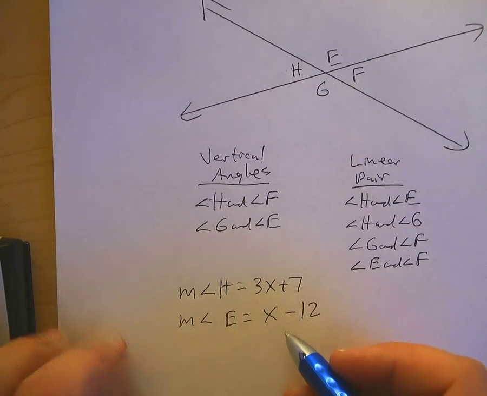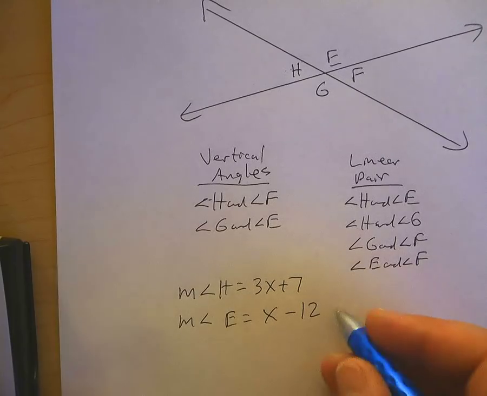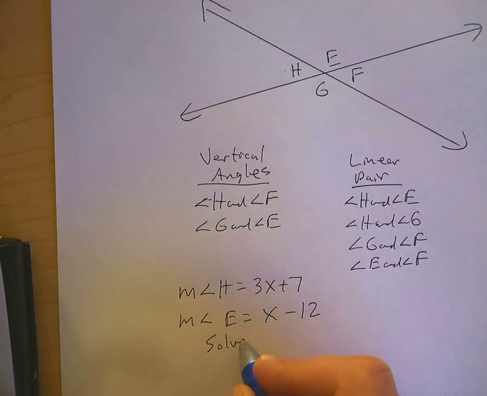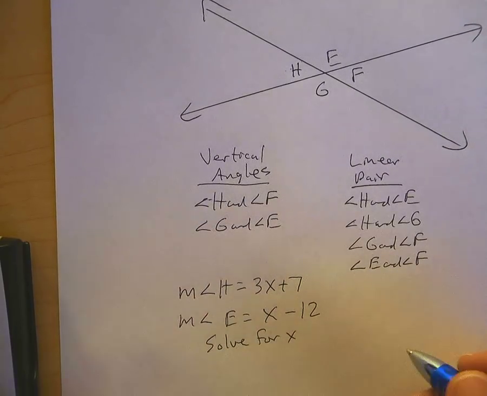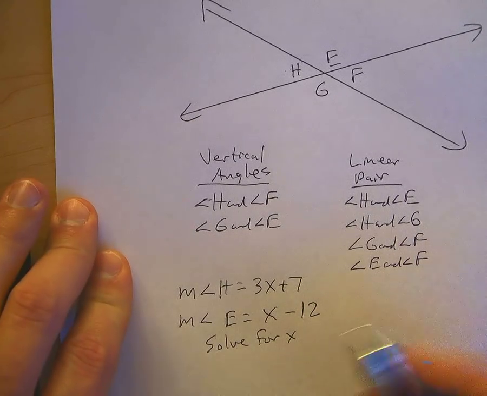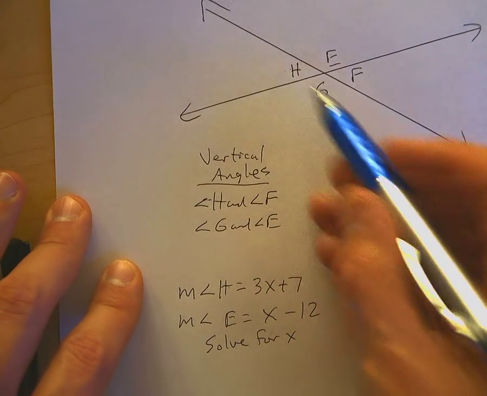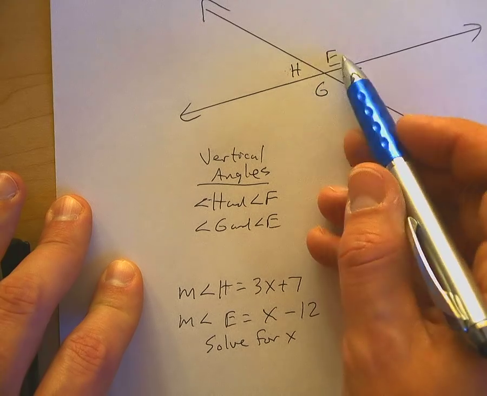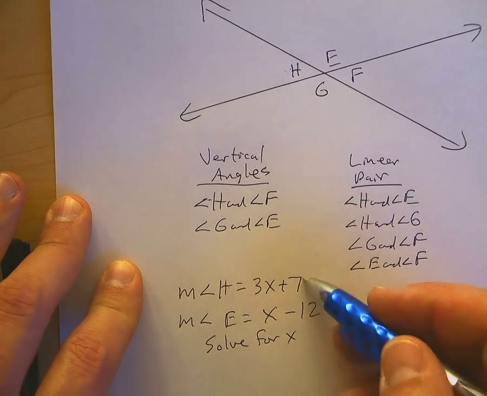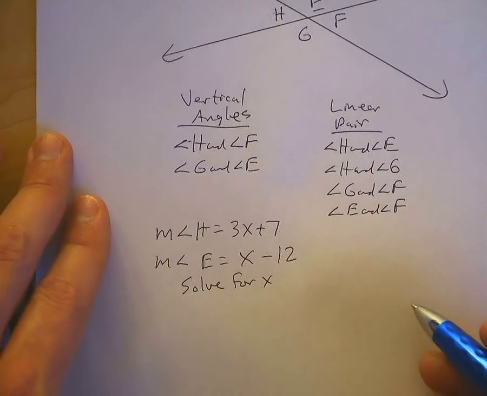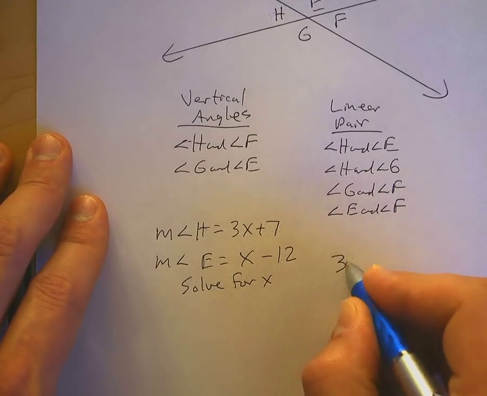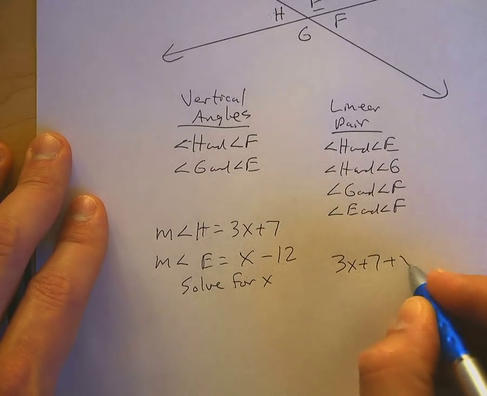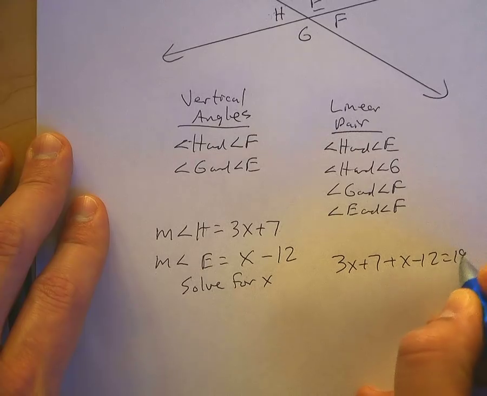I want you to solve for x. First of all, I have to look at these two angles. You can see H and E are a linear pair. That means they add up to 180. So I'd take 3x plus 7 plus x minus 12 equals 180.